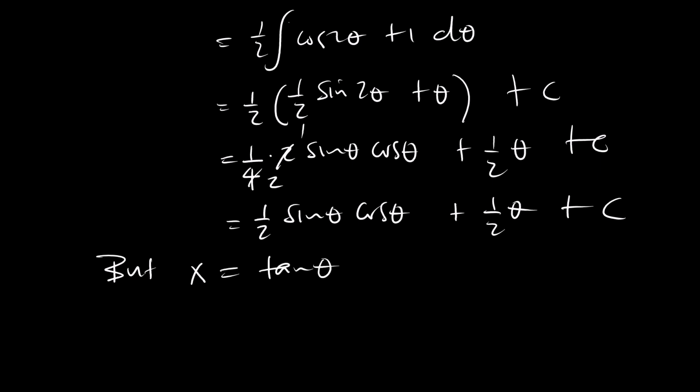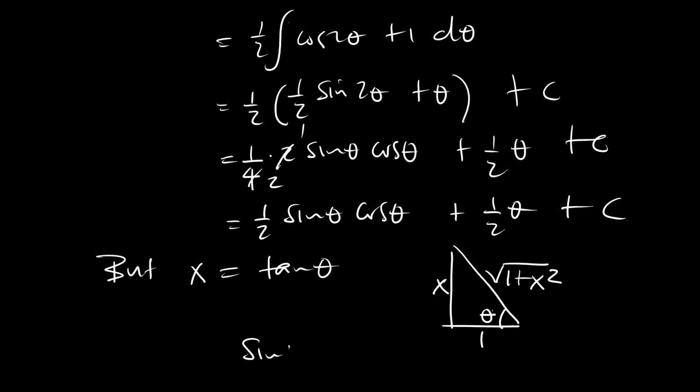So what does that mean? It means that when we have a triangle of base angle theta, since tangent is the opposite over the adjacent, and we have x being tangent of theta, that means that the opposite will be x, adjacent will be 1, and therefore the hypotenuse will be the square root of 1 plus x squared.